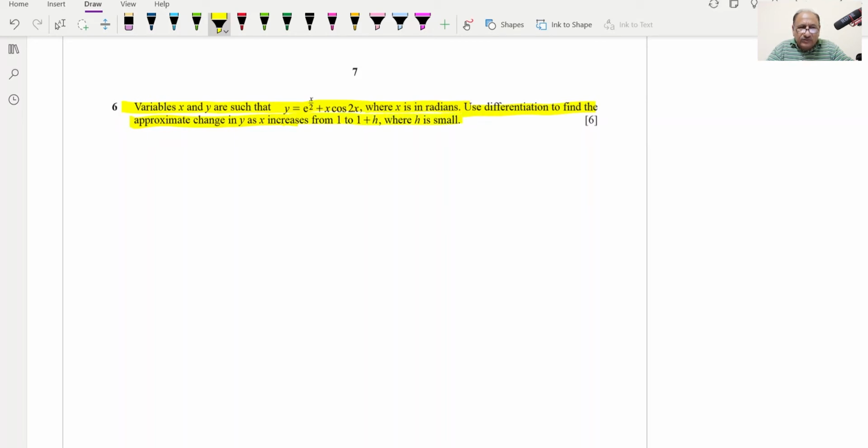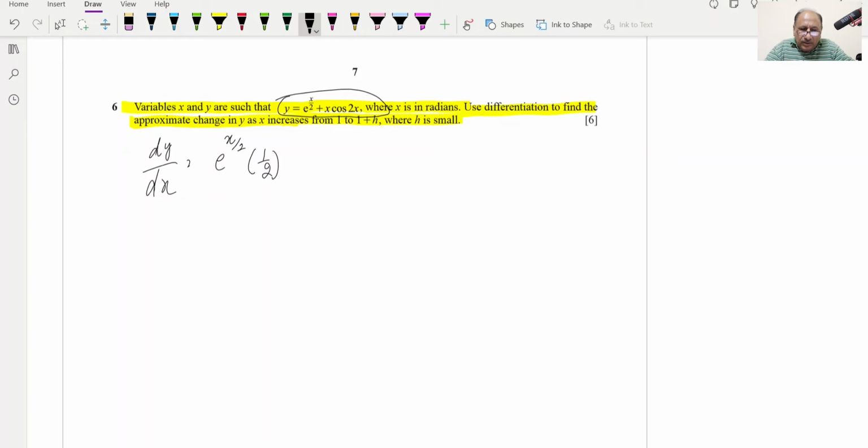where h is small. So dy over dx, this is the given equation, so we take the derivative. dy over dx will be equal to e raised to x by 2, which will have the same derivative, and the derivative of x by 2 will be 1 by 2.